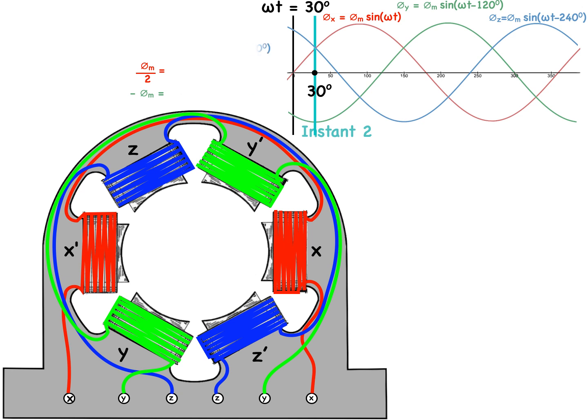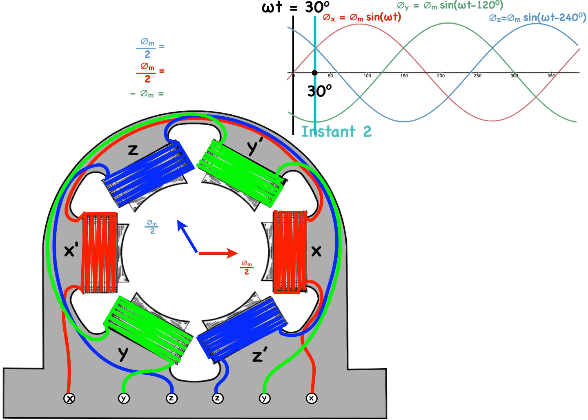And the magnitude of the blue phase is also phi m all over 2. In the vicinity of the rotor, the red flux phasor is plus phi m all over 2.